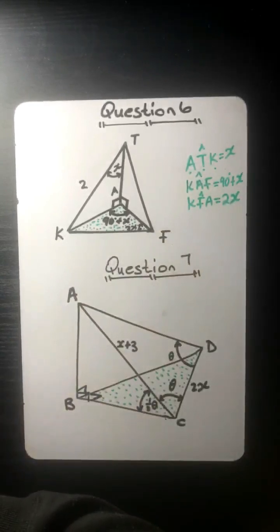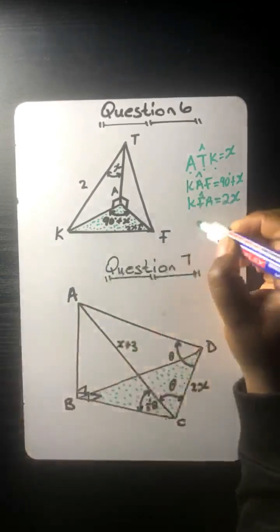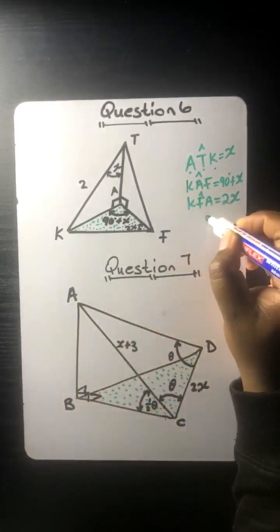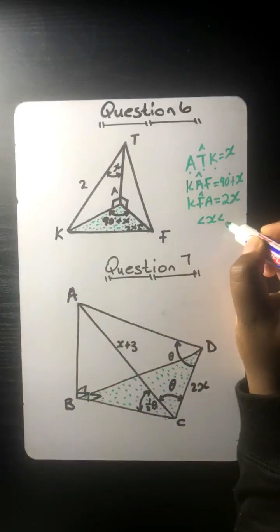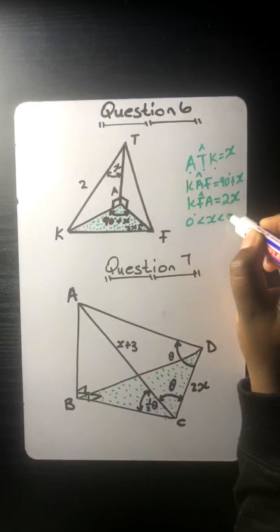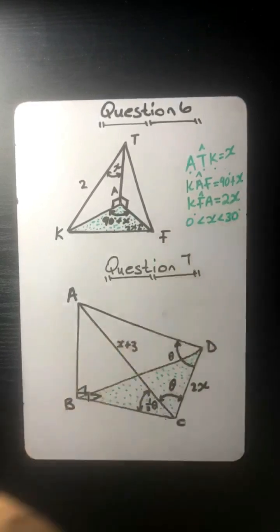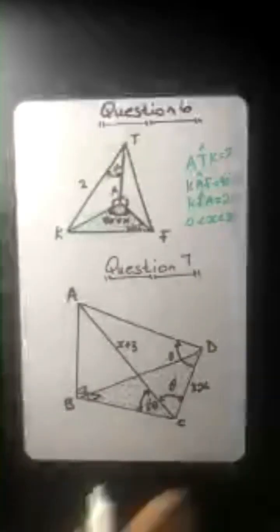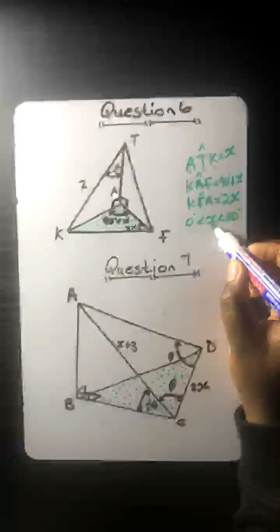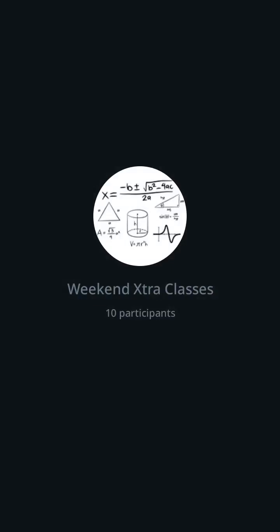Be careful, honorable members. They say where x is between 0 degrees and 30 degrees. That is what that means: angle x is between 0 and 30 degrees.